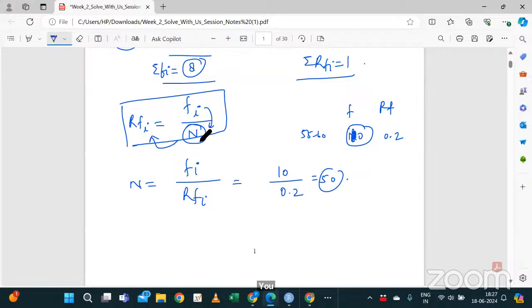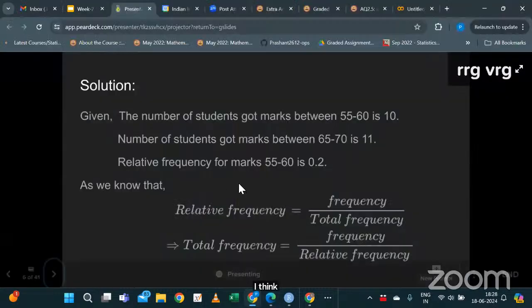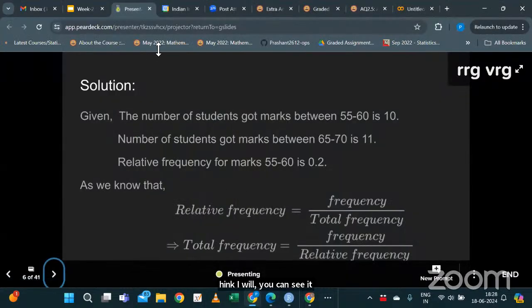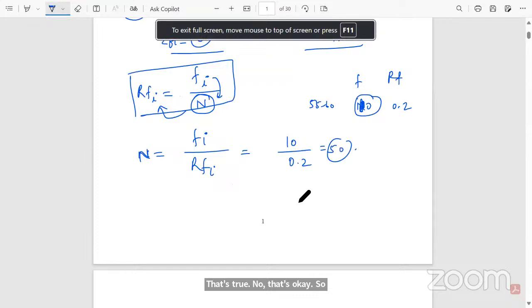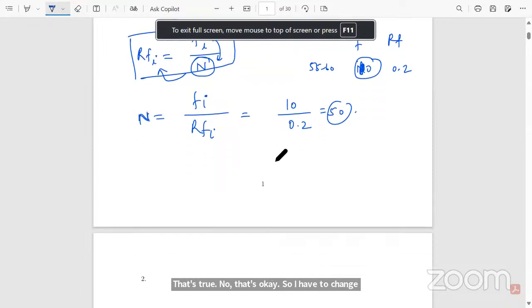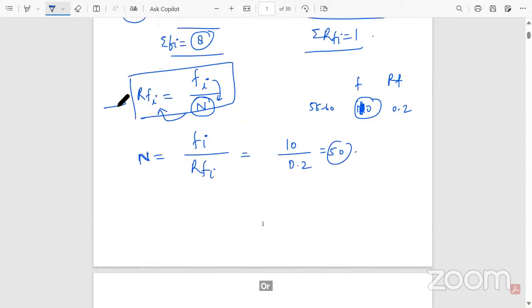Okay. सर आपका स्क्रीन आधा ही दिख रहा है Yes, sir. I think I have presented full. Okay, see it. सर वो आप फंक्शन प्लस F11 टाइप करके उसको पूरा बड़ा कर सकते हैं. फंक्शन प्लस F11. No, that's okay. So I have to change actually. Now is it fine? Yes, sir. Right? Yes, Okay. sir. Yes, So sir, it's clear. okay, what is the relative frequency actually?